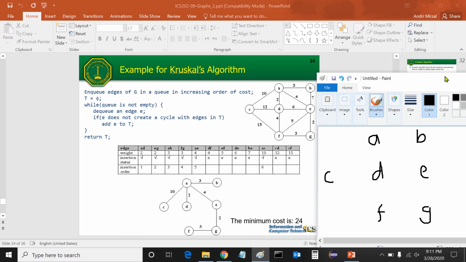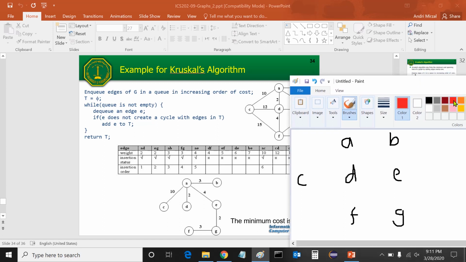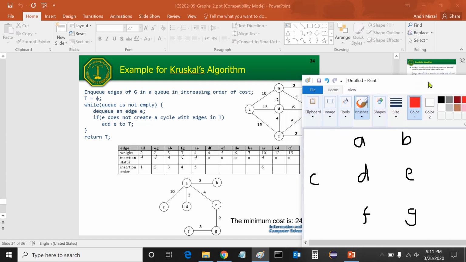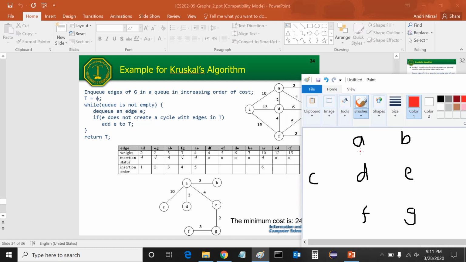Okay, so this edge. Wait a minute. Okay, AD. Okay, then the next one will be E to G, EG. Okay, then after that AB. After that FG. After that AE. Then DF. Okay, now look at this.